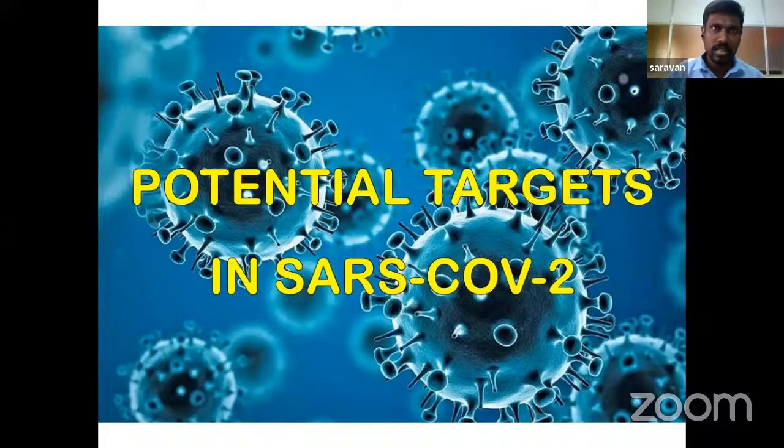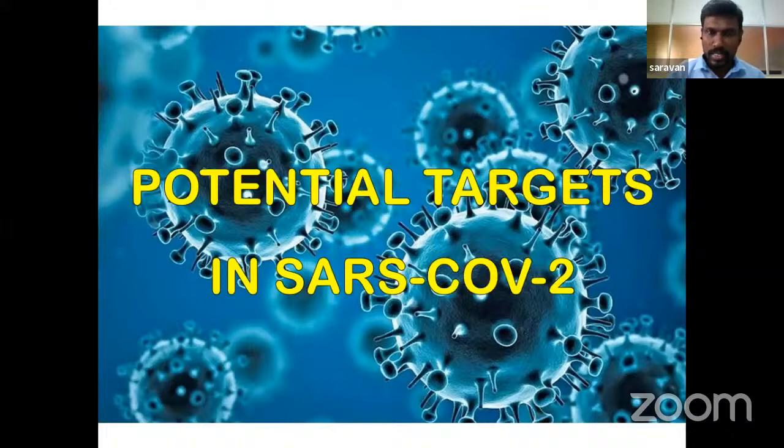The first was SARS-CoV-1 in 2002 in Guangdong province of China. The second was Middle East Respiratory Syndrome coronavirus, MERS-CoV, in 2012 in Saudi Arabia. And now we are experiencing the third outbreak of coronavirus, in 2019, called SARS-CoV-2.